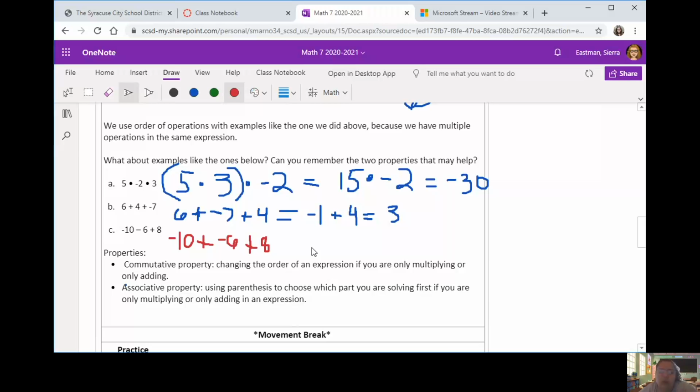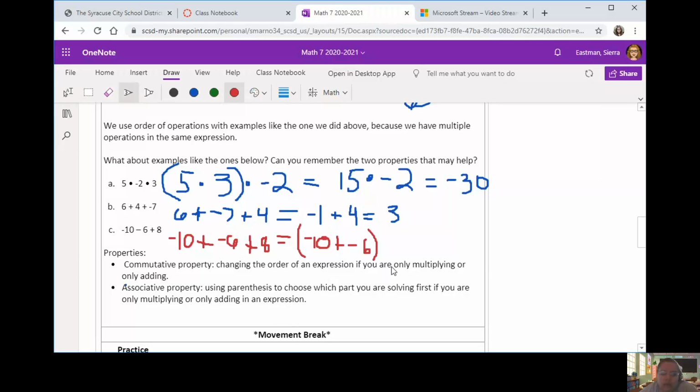Now that we have only addition, we can go ahead and use that associative property. I can say that this expression is still the same as this expression: negative 10 plus negative 6 in parentheses. Okay, I didn't switch the order of the numbers.